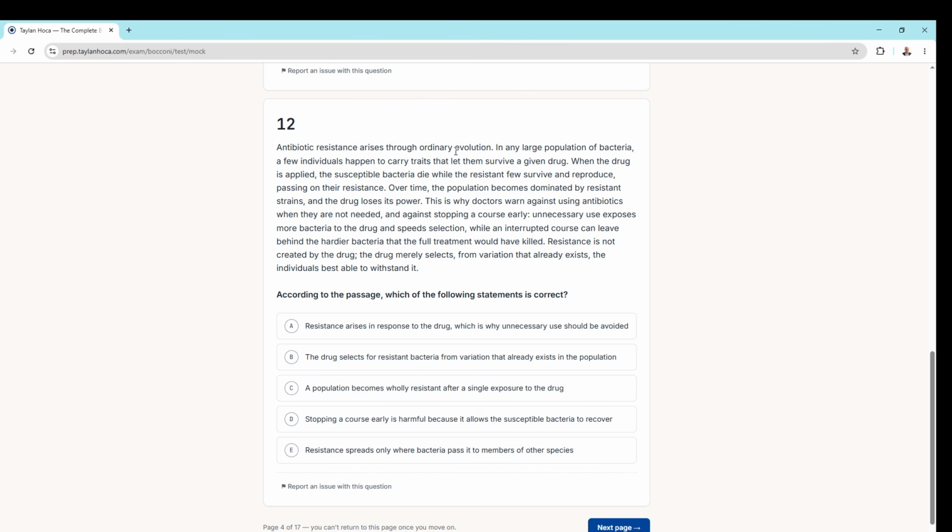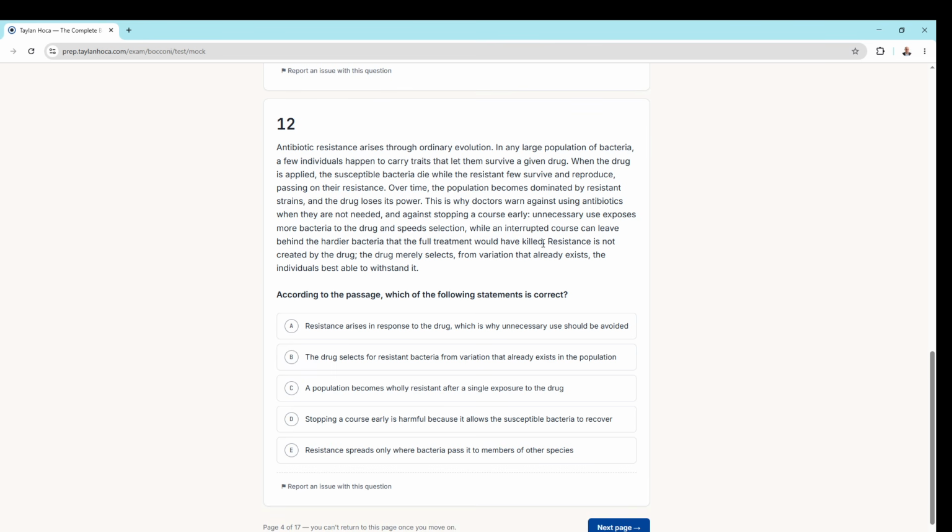So this is what it says about evolution, right? Over time, the pool becomes dominated by resistant strains. This is why doctors warn against unnecessary use: it exposes more bacteria to the drug and speeds that selection, which was described here, while an interrupted course can leave behind the hardier bacteria that the full treatment would have killed.